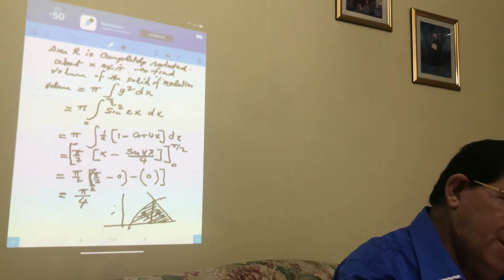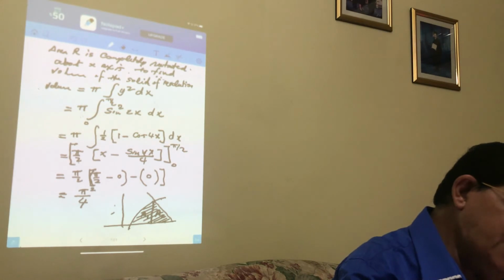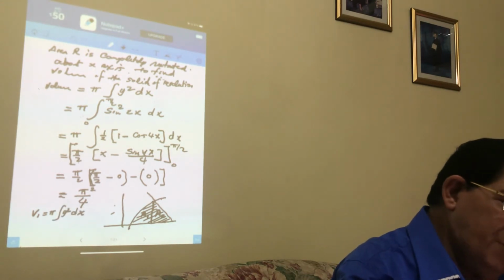I mean, what is the volume when area A1 is rotated? The volume V1 is, of course, pi the integration of y squared dx. But the volume V2 is the volume of a cone.